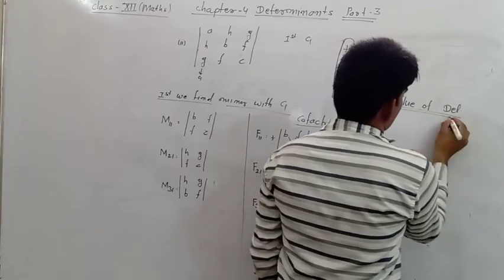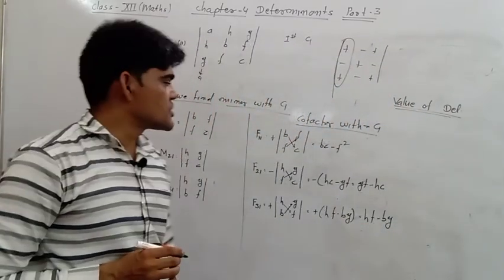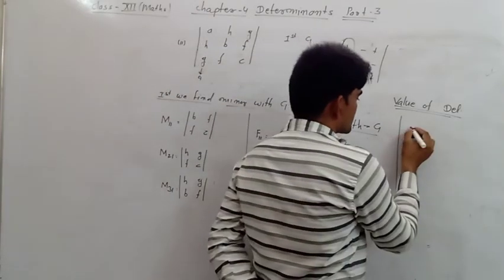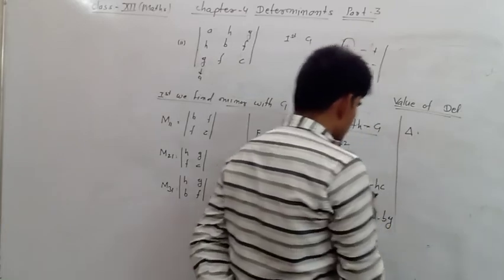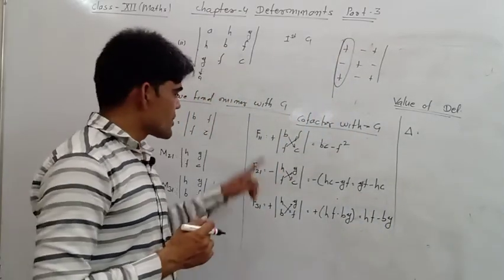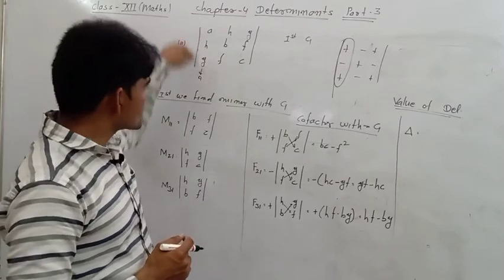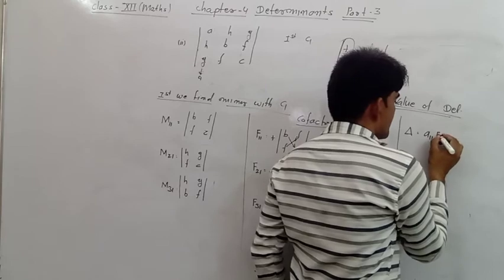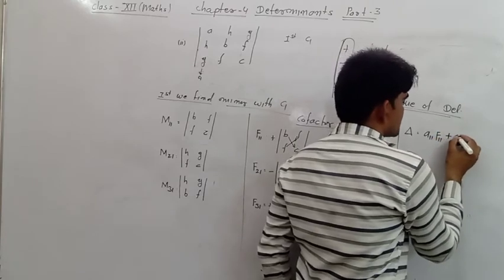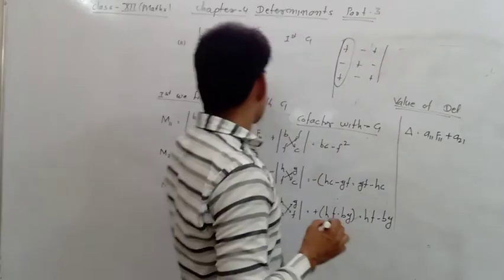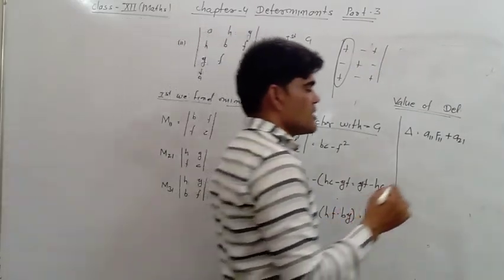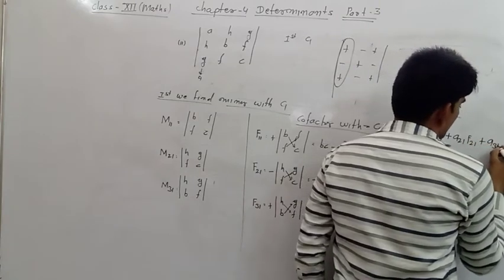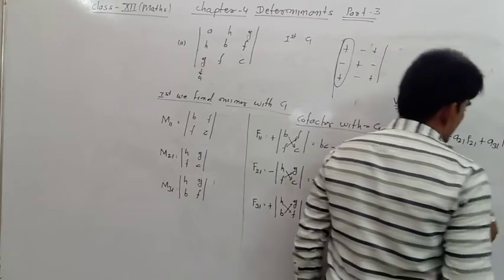Using the first column, the value of the determinant delta equals, we use the minor and the cofactor. First A11, this is the first column, times F11, plus A21, the second element, times F21, plus A31 times F31.